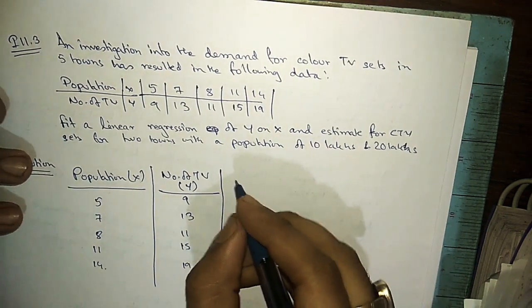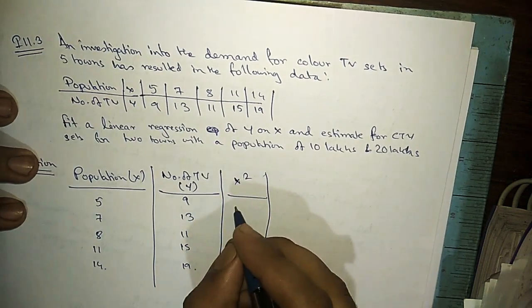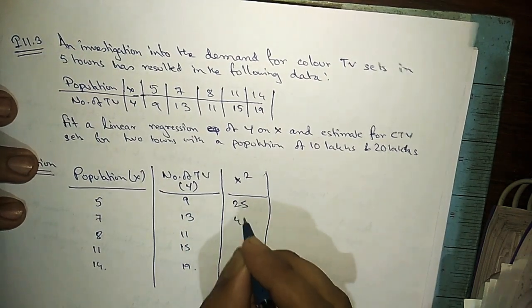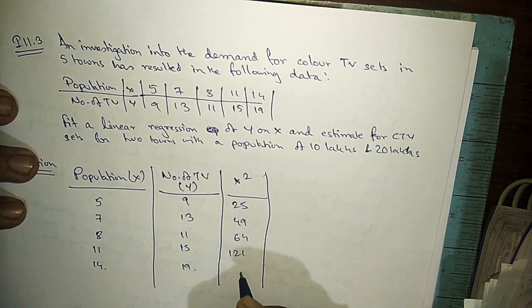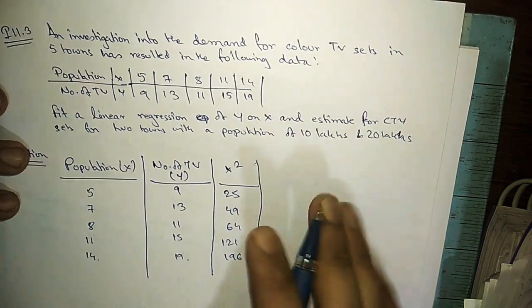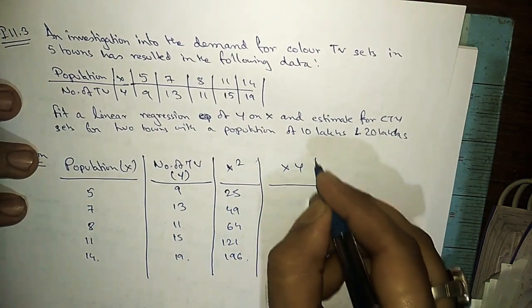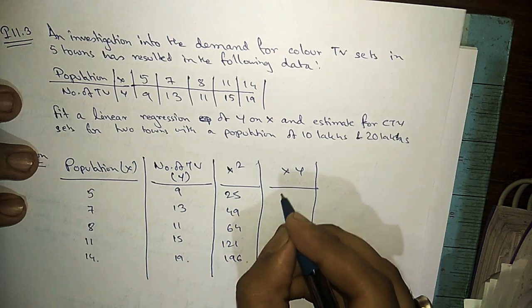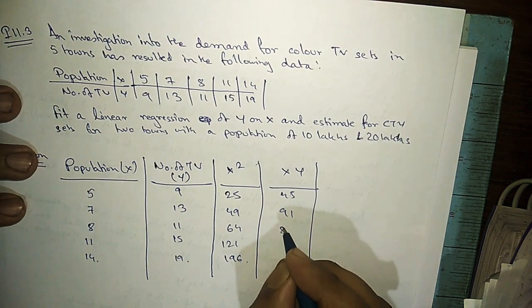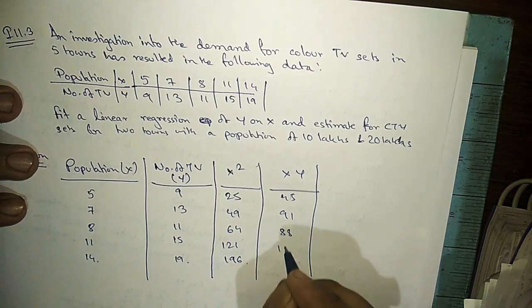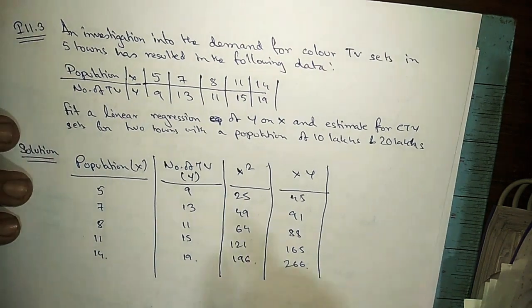Now x square: 25, 49, 64, 121, 196, and xy: 45, 91, 88, 165, 266.